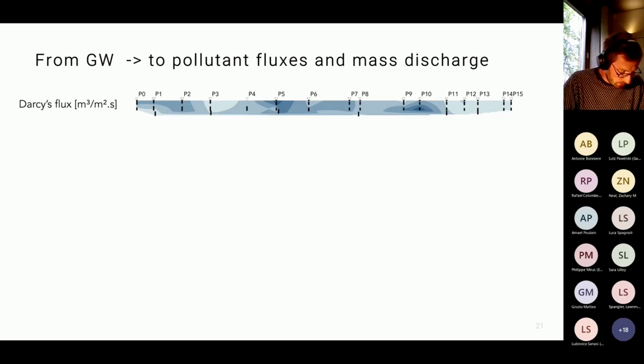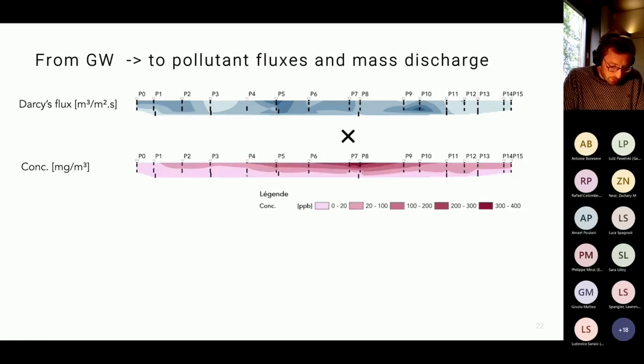We interpolated these measurements on a control plane, and we could identify that the groundwater fluxes were quite high at 2 points, around the monitoring well P5 and around the monitoring well P10. We did the same interpolation with heavy metal concentration data to see that the heavy metals are more present around P7 and P8, located roughly in the center of the control plane.